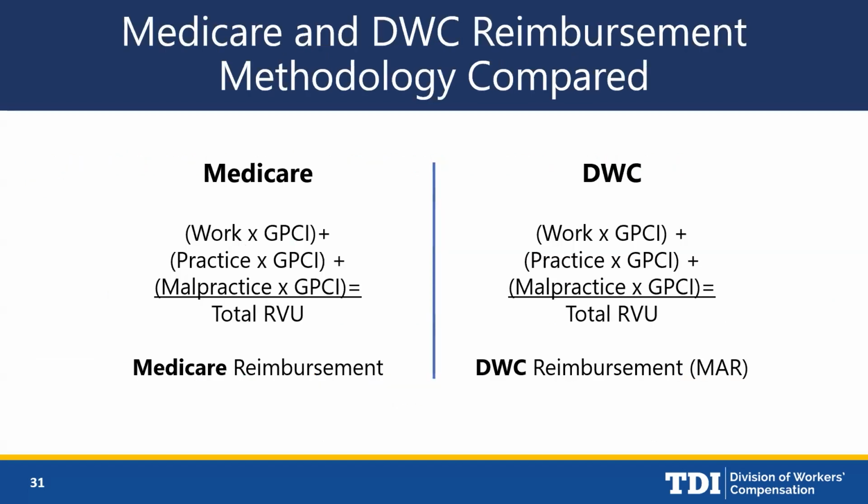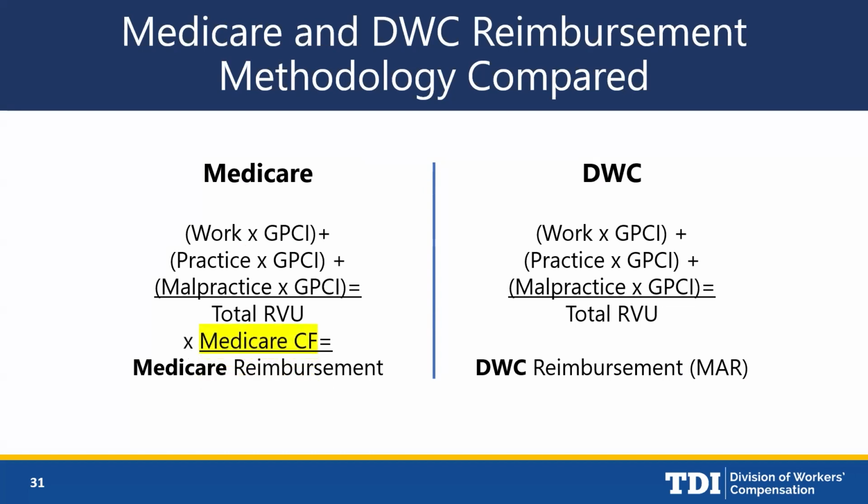Let's go and compare Medicare's reimbursement calculation with the Division of Workers' Compensation calculation. These methodologies are compared here. And if you see, both Medicare and DWC have the same calculation adjusted for GPCIs: the work, the practice, and the malpractice, all adjusted for your area. That comes up with a total RVU.